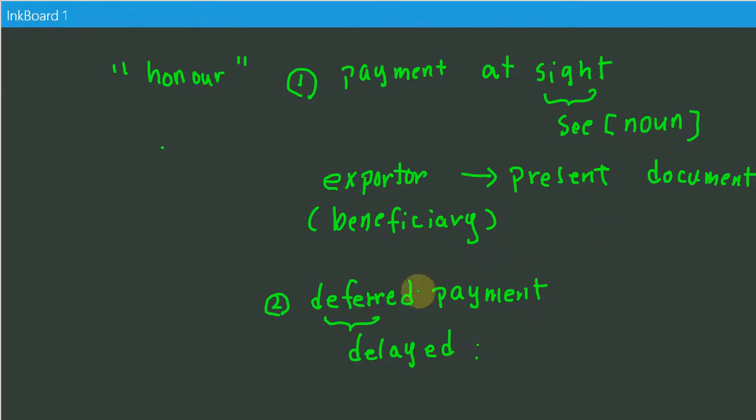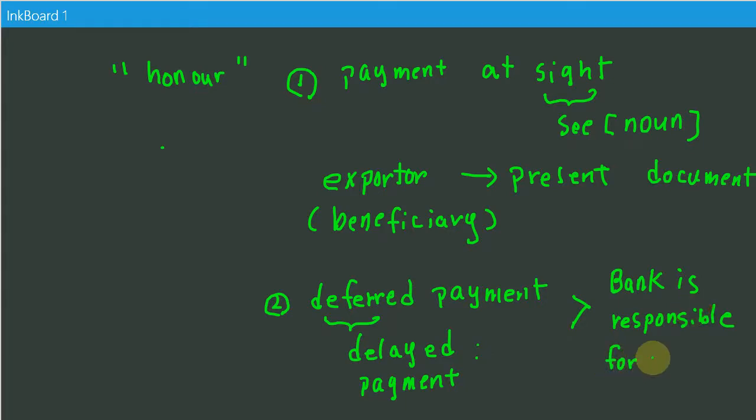So this is the delayed payment. Meaning that the bank is responsible for payment, not at sight.